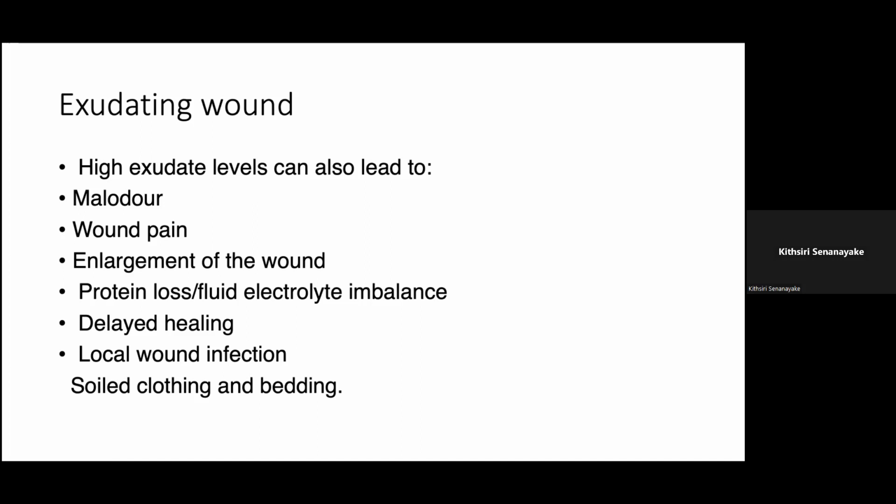The umbilicus is a kind of watershed area, so lots of fluid comes out. So in our ward we keep a simple gauze dressing and let it absorb the exudate. As soon as the dressing gets wet, we remove it and apply a new one.